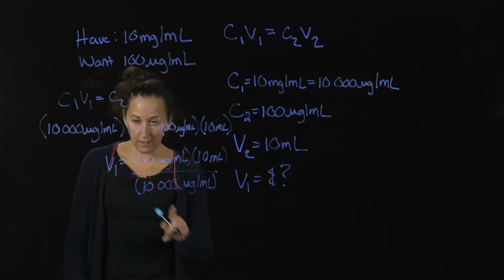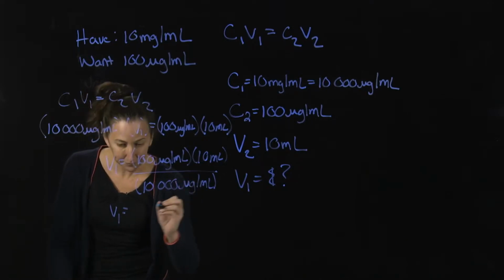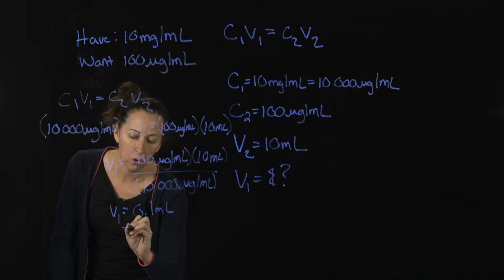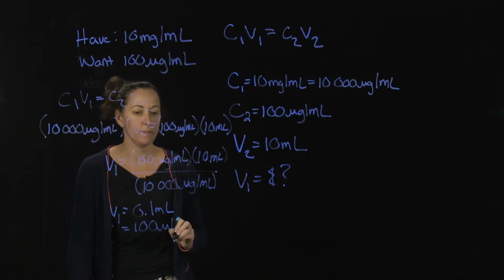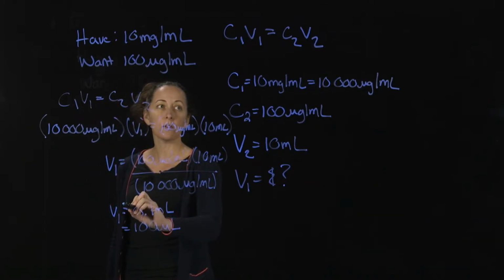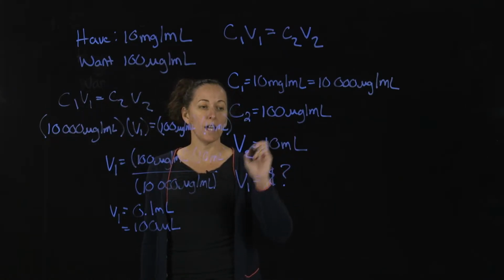And so now we can solve for V1. V1 is going to equal 0.1 ml, or 100 microliters. So we need to add a volume of 100 microliters of our stock, our C1, to our 10 mils.